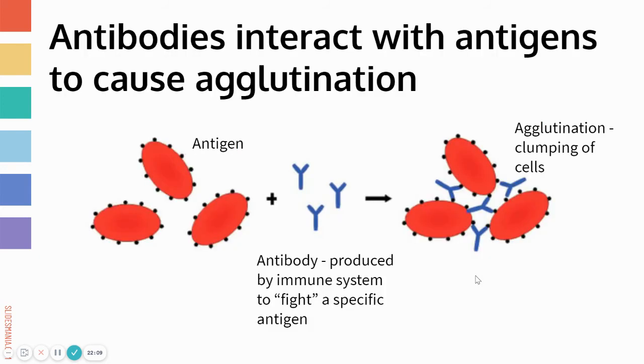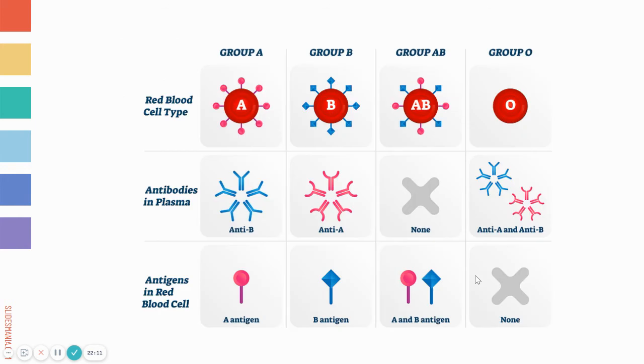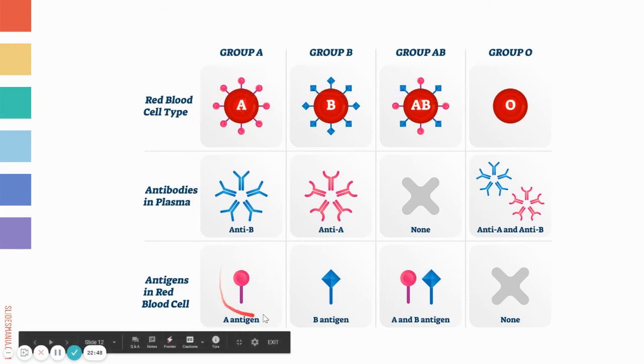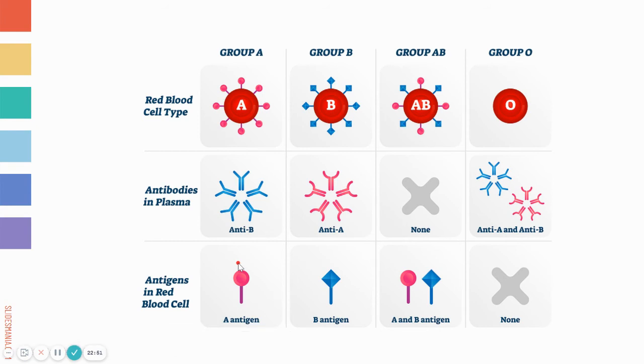The way that our body gets around this is by only producing antibodies to the antigens that we don't have on our blood cells. So if you have type A blood, you only have A antigens present on the outside of your red blood cells. You shouldn't have any of those blue squares.